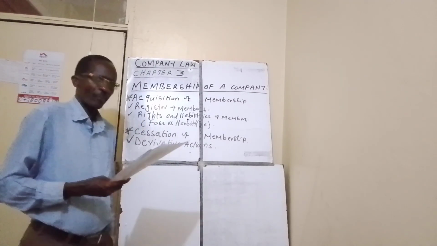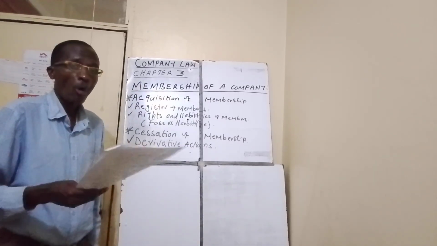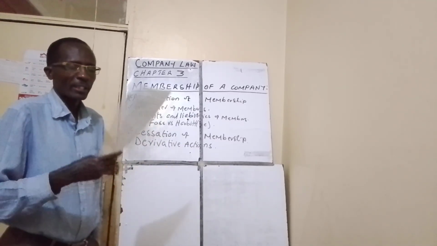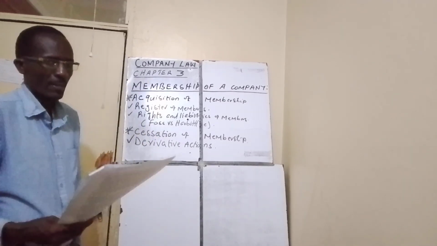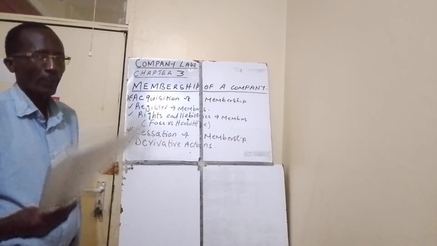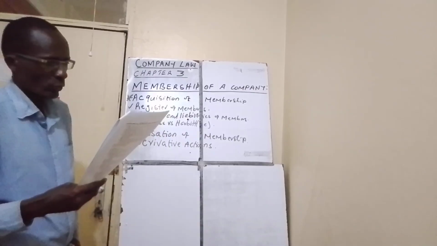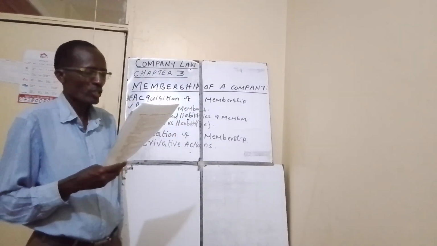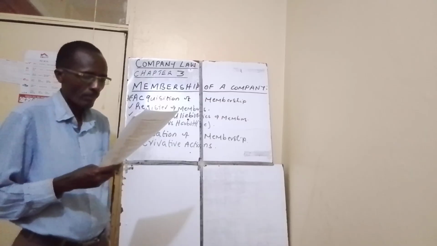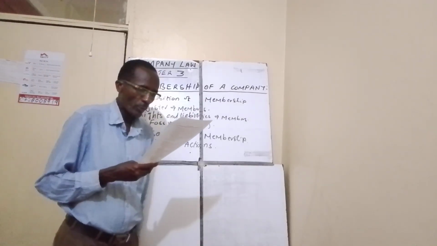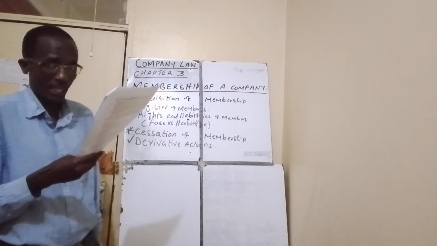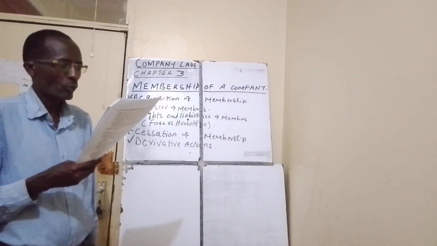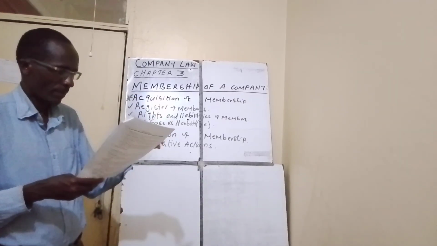It arises with respect to corporate rights. We have already discussed individual members' rights and corporate rights. So a derivative action is an action instituted by a shareholder in his name on behalf of the company to remedy a wrong done to the company.